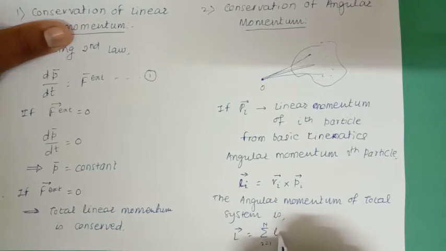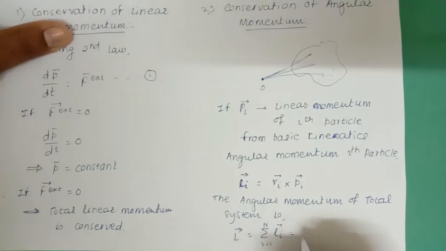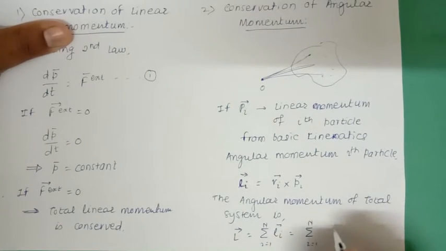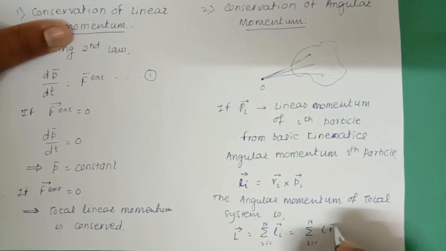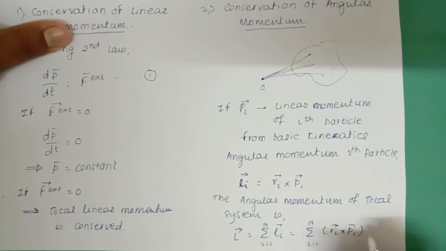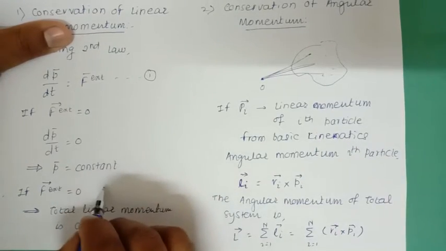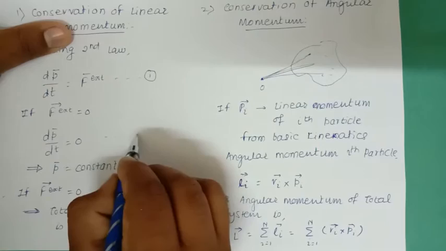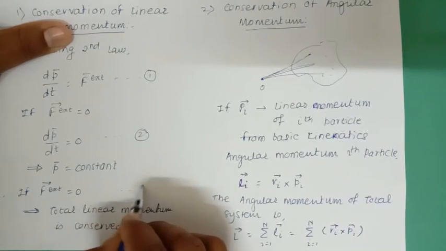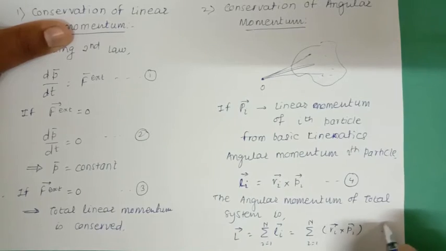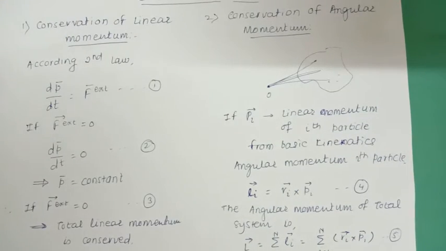So L is the summation of Li bar, which is equal to the summation from i equals 1 to n of Ri bar cross Pi bar. Let's say this is equation number 5.